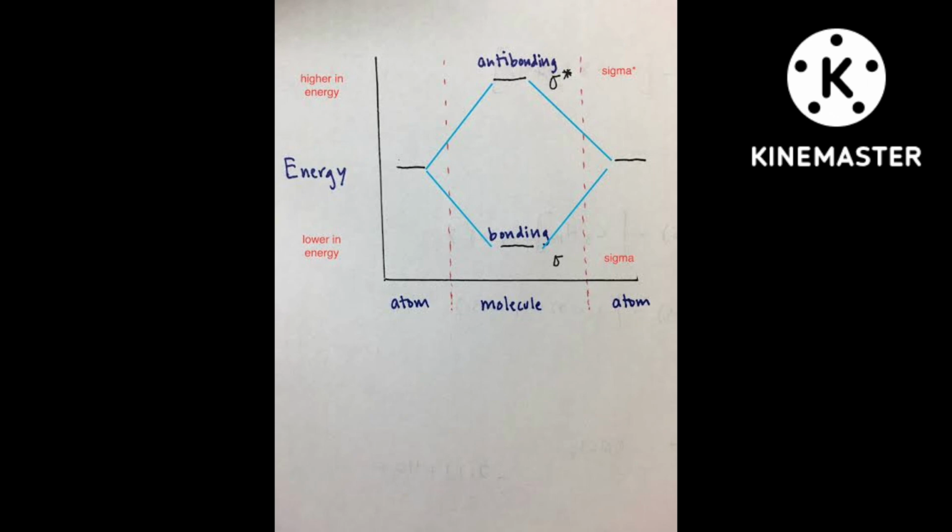This is because the mutual repulsion of the electrons in this orbital is more than the attraction between the electrons and nuclei. See, here you have to understand. In the case of anti-bonding I am talking about, mutual repulsion of the electrons in this orbital is more than the attraction between the electrons and the nuclei.